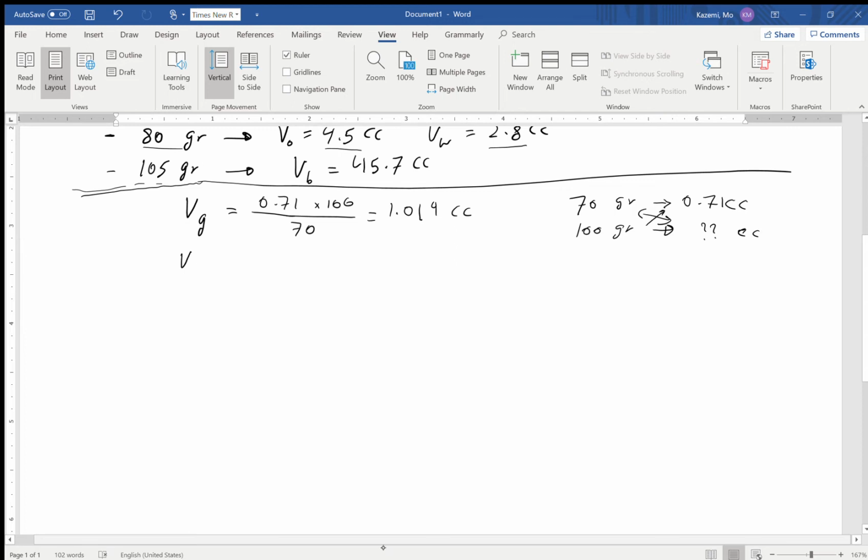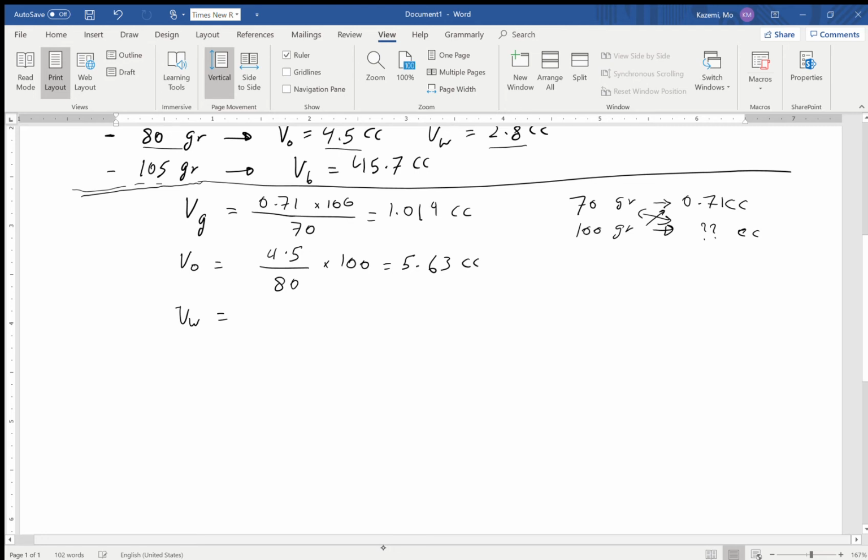We have to do this for oil. So we have 4.5 cc, and that was measured with 80 grams of the sample. So then we do this. We want to see how much oil would be in 100 grams of the sample, which results in 5.63 cc, right? We want to do this for water as well.